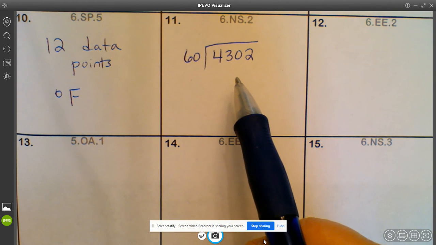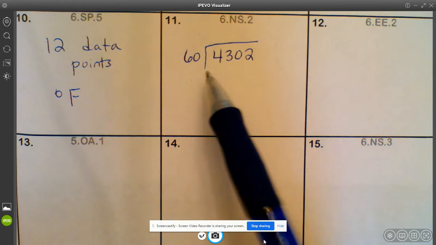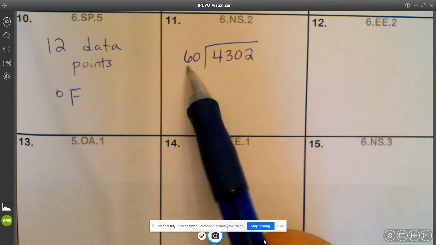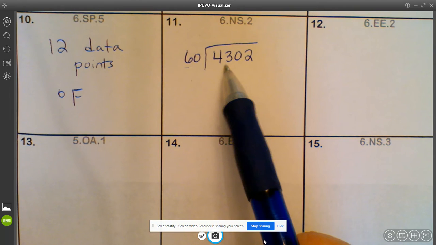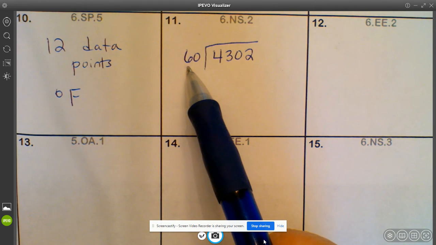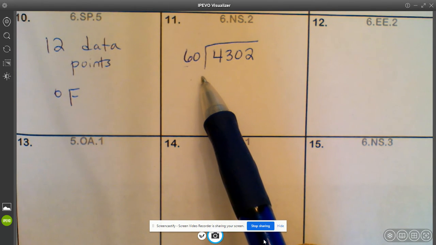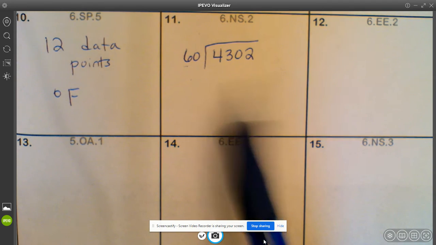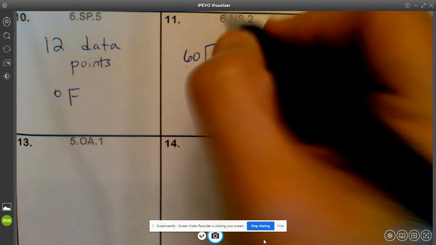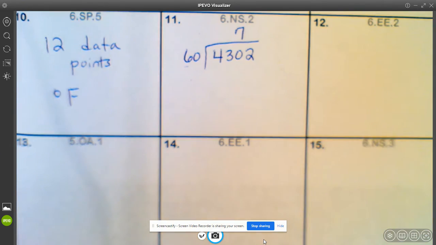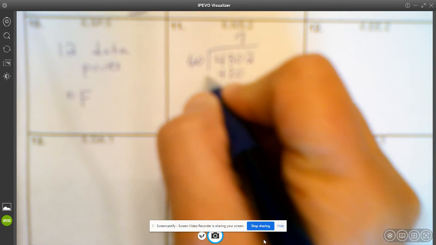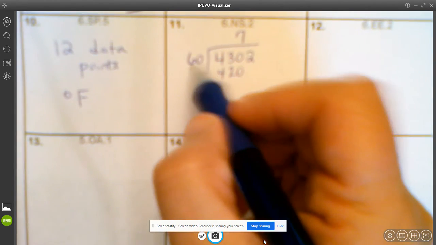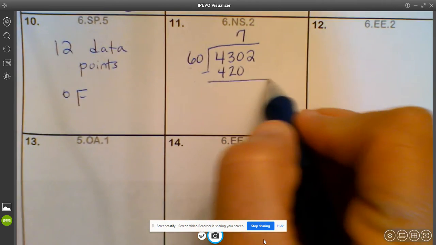And how many groups of 60? Well, I try to think of my sixes, and I know 6 times 7 is 42. So 60 times 7 would be 420. You would just add a 0. And I think that's as close as we can get to 430 without going over. So 7 times 60 is 420.